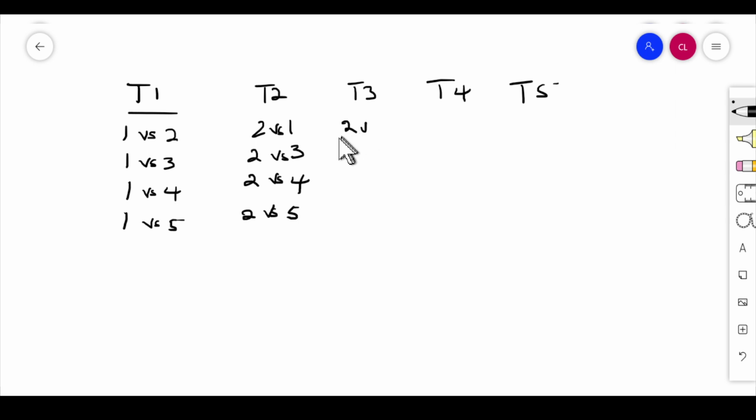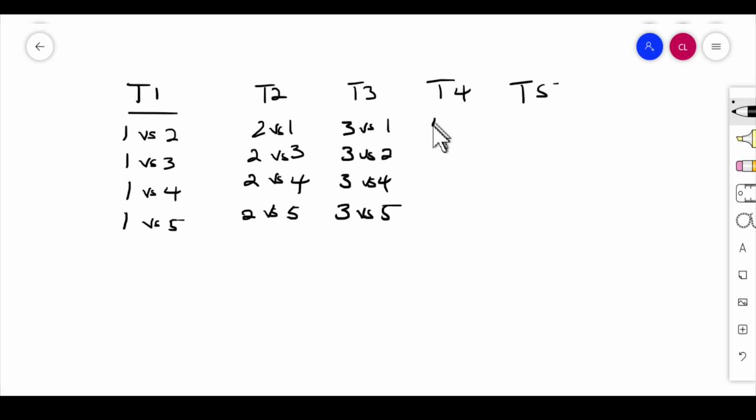Let's start with 3. So this is for team 3. Team 3 has to play team 1, 3 versus 2, 3 versus 4, 3 versus 5.